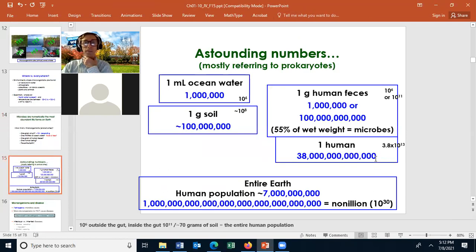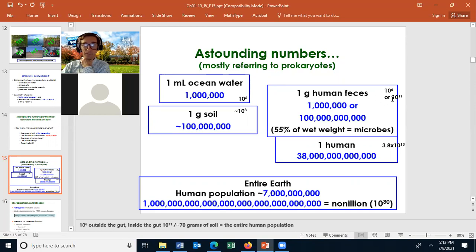Like I said, for soil, 1 times 10 to the 8th. Human feces, if it's very dry, you have 1 times 10 to the 6th cells. But if it's very fresh, directly out of the patient, you actually have 1 times 10 to the 11th cells per gram of human feces.